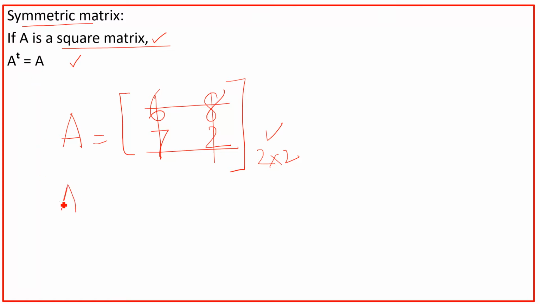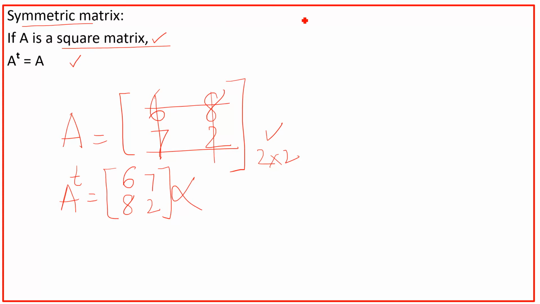The A transpose of this will be: make 6 and 8 a column, 7 and 2 a column. When we take the A transpose, it should be the same as A, and A is 6, 8, 7, 2. This is not the same, so this is not a symmetric matrix. A symmetric matrix has to satisfy both conditions.